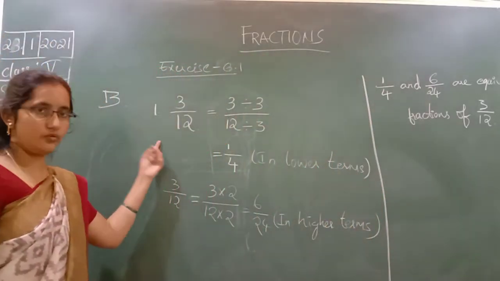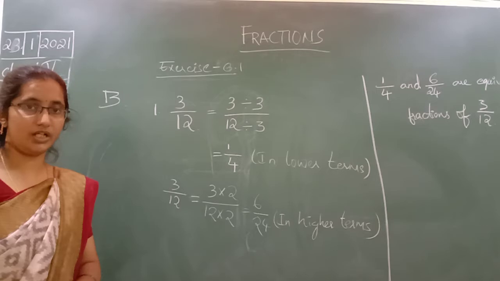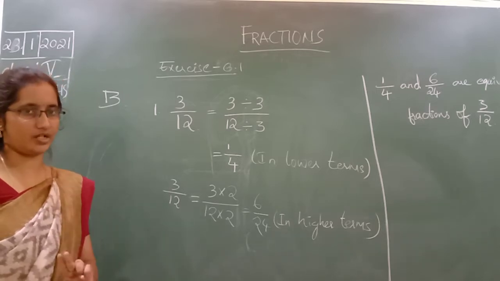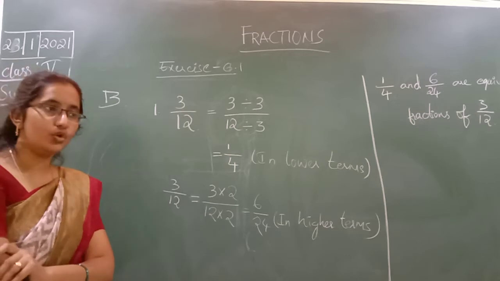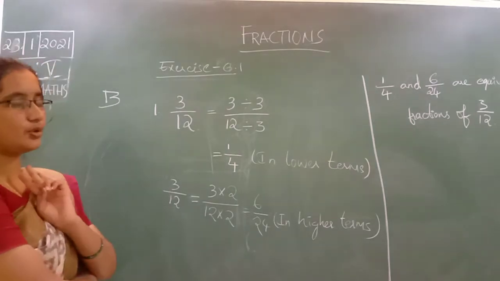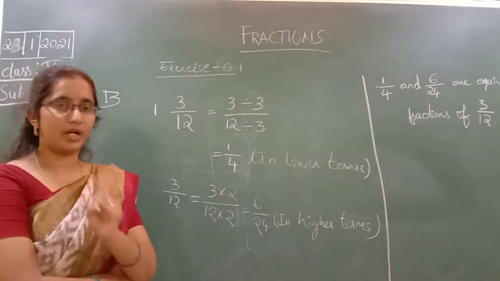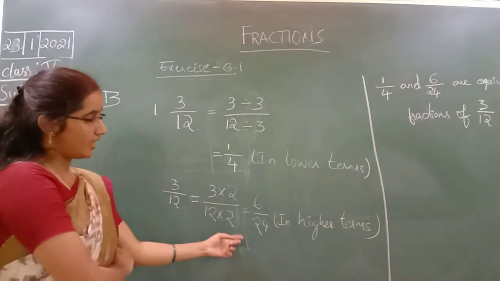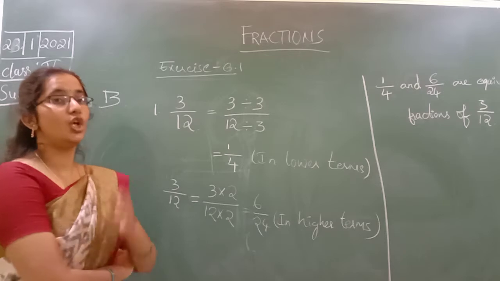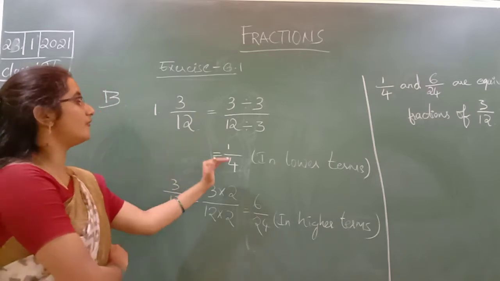They gave 3 by 12 and they asked for 2 equivalent fractions. So to find the 2 equivalent fractions, we have two methods. One we have to multiply, one we have to divide. To get the higher terms, we have to multiply. To get the lower terms, we have to divide.